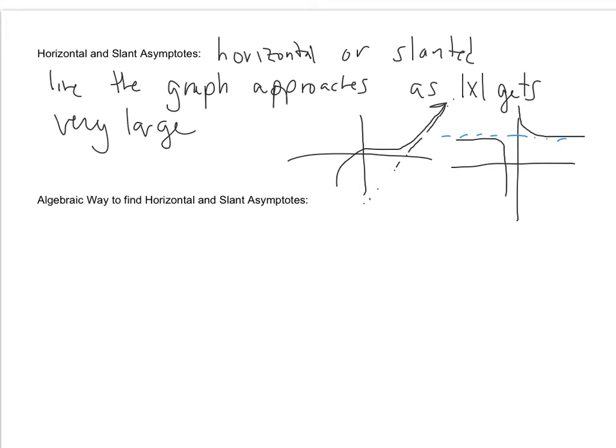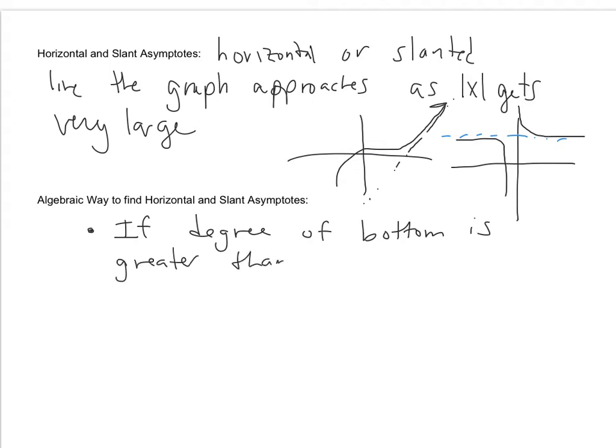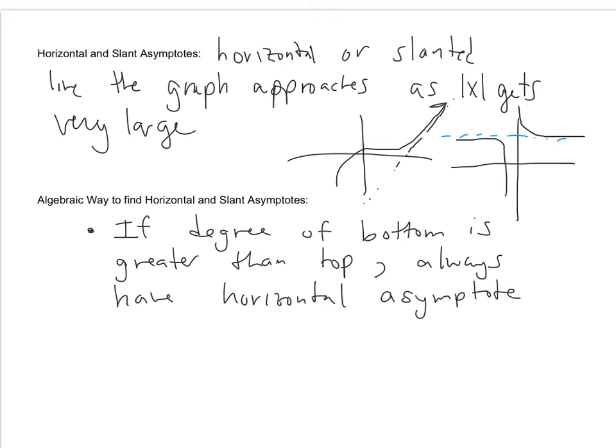Now the algebraic way we find these is, first of all, if the degree of the bottom is greater than the top, we always have a horizontal asymptote at y equals 0.